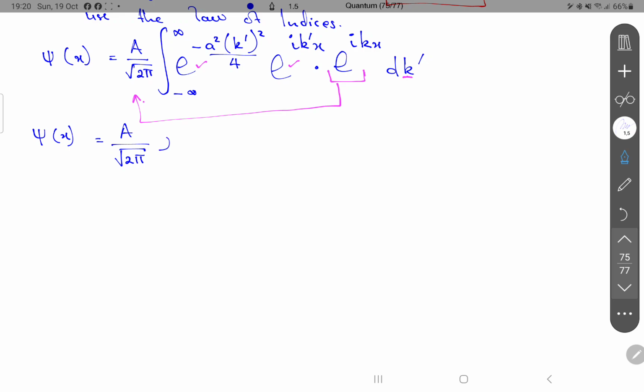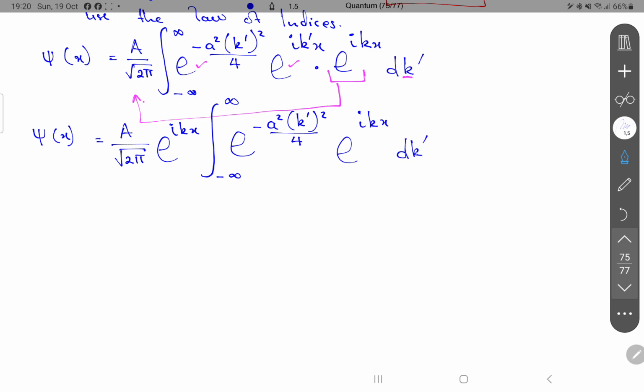We take out that e^(i k x), the integral from negative infinity to infinity of e^(-a² k'² / 4) e^(i k x) dk prime.